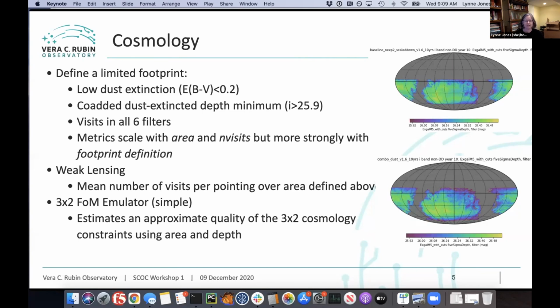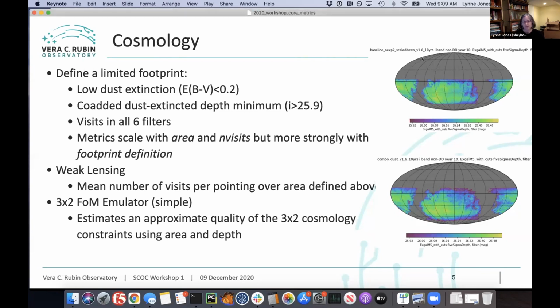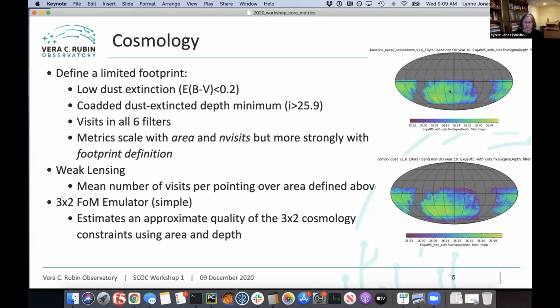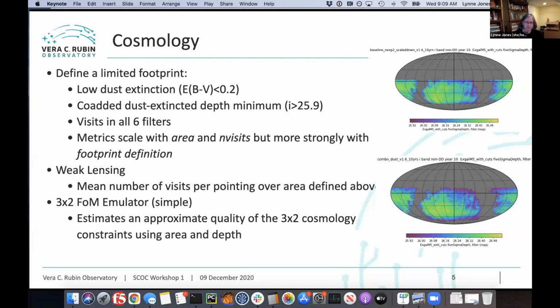So that defines a subset of the pointings that are within the survey. On the top right, you see what that footprint would look like when you just look at the traditional survey strategy. So that's the extragalactic interesting area. From that point on, the metrics scale with the amount of area that matches these criteria.